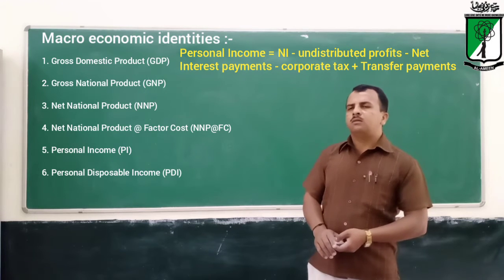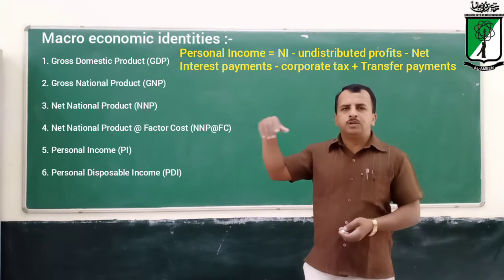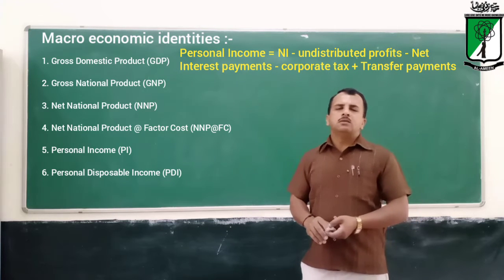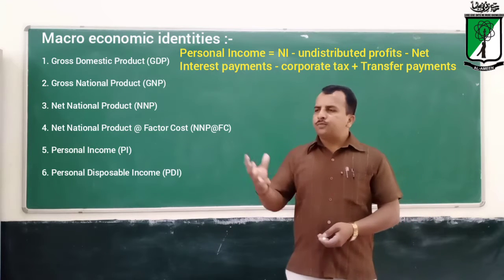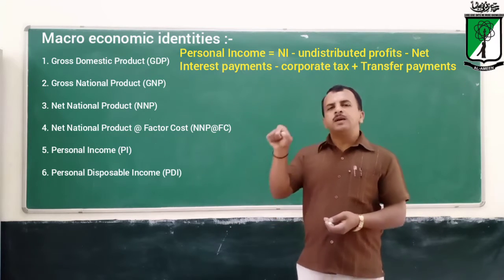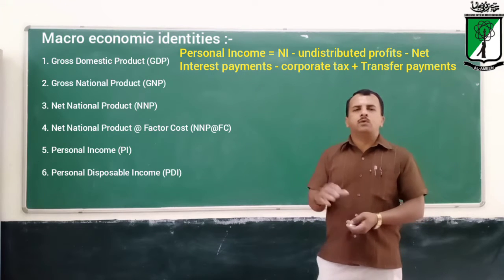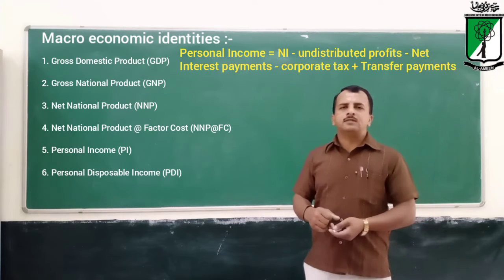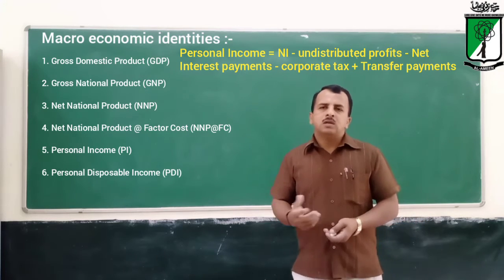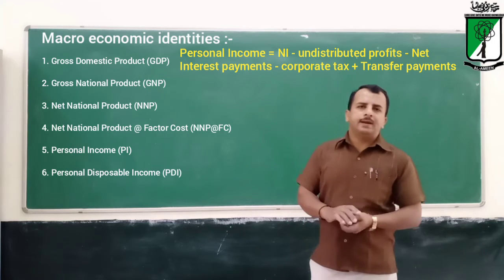Then the corporate tax, which the firm needs to pay to the government, also needs to be minused. Then if any transfer payments are received, like subsidies or cash incentives, that should be added.